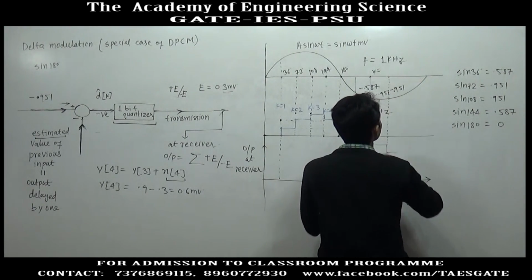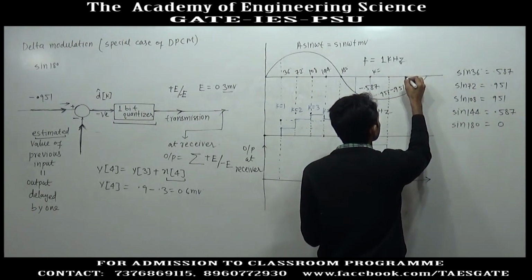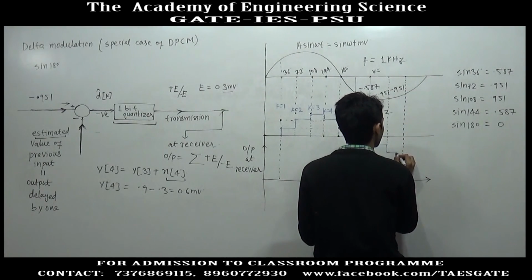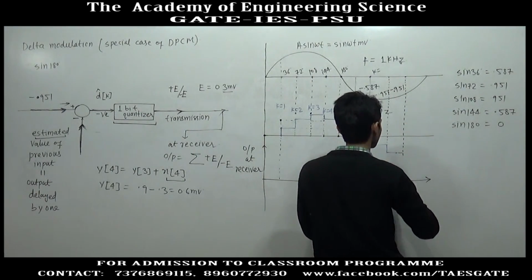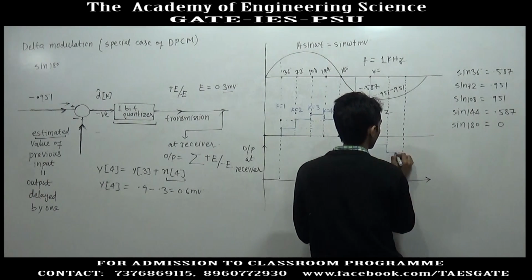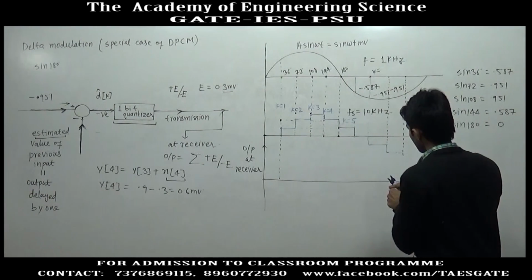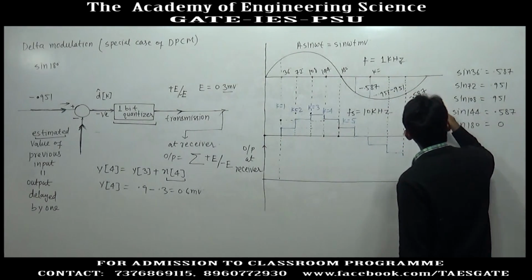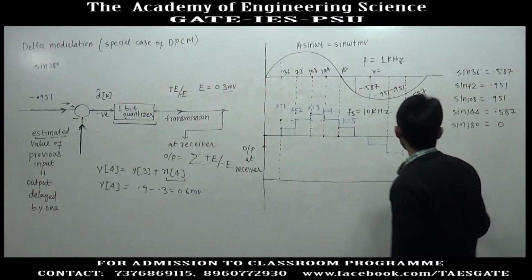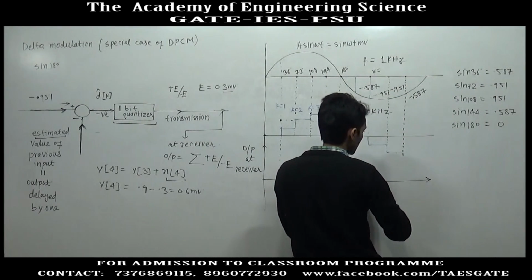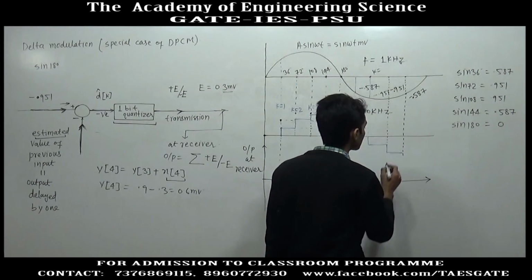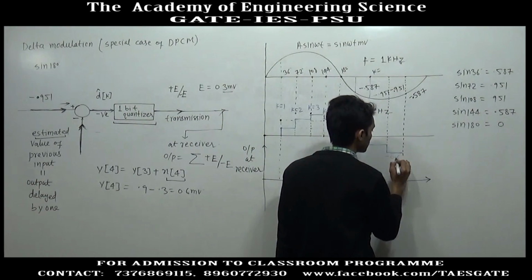If you want the output at this instant, the input at this instant is minus 0.587, and the output at the previous instant is minus 0.6.